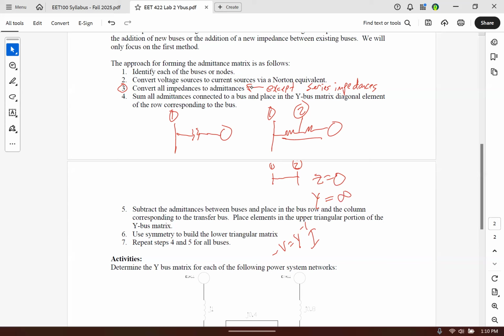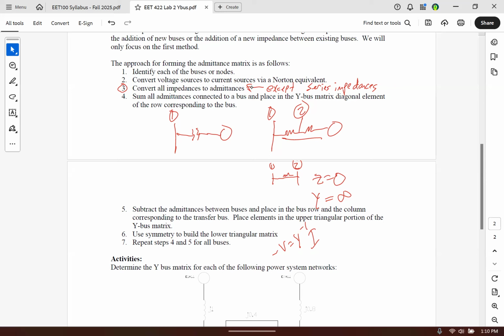How do you put infinity into a matrix? Doesn't work. So what these programs do is put a really, really small impedance in there, 0.00001 or something like that, small enough that it's not going to throw off your results, because you can't have a solid connection, a short circuit, between the two. Otherwise, realistically, if you have a short circuit, is bus 1 any different than bus 2? No, they're the same. So why not call them the same bus, right?